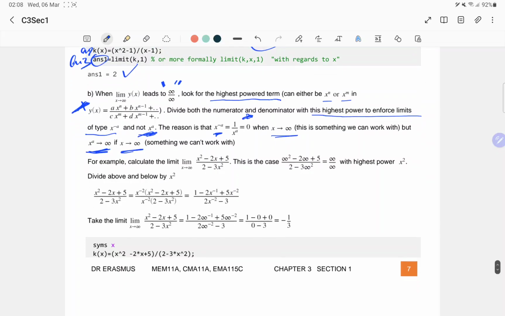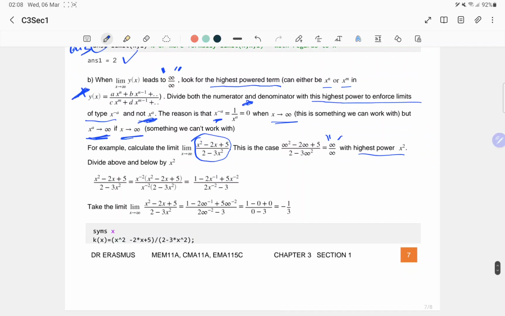So for example, calculate the limit of this rational function. This is the case where we get infinity over infinity with highest power x to the power 2. So dividing above and below by x to the power 2, this is what we get.